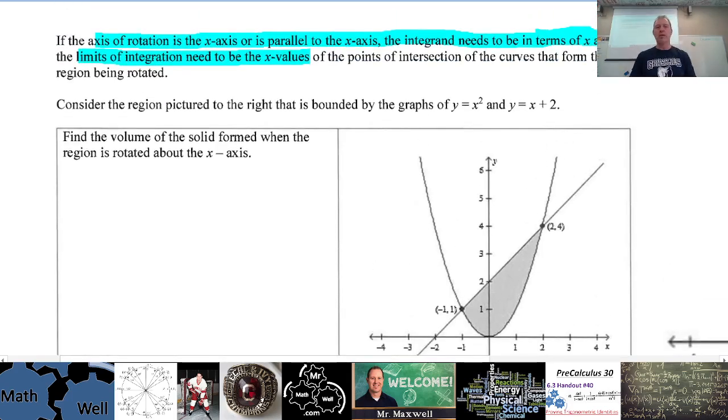So in this question here, if the axis of rotation is the x-axis, or it's parallel to the x-axis, the integrand needs to be in terms of x.